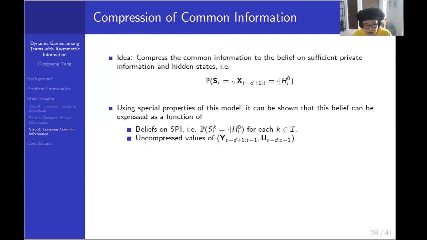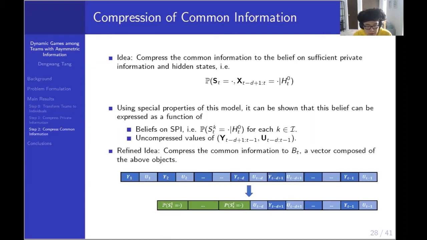And then the second group of quantities are the uncompressed values of the last D-1 noisy observations and last D actions. So if we have these quantities, then we can compute the joint belief. So then we have this refined idea of compressing the common information into all these quantities over here, rather than this joint belief.